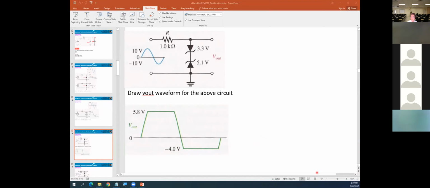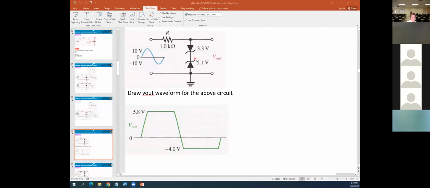Okay, if you're looking at the output here, the top zener or the bottom zener, which one breaks down? Remember, the top zener breaks down at 3.3. Exactly, the first one breaks down.